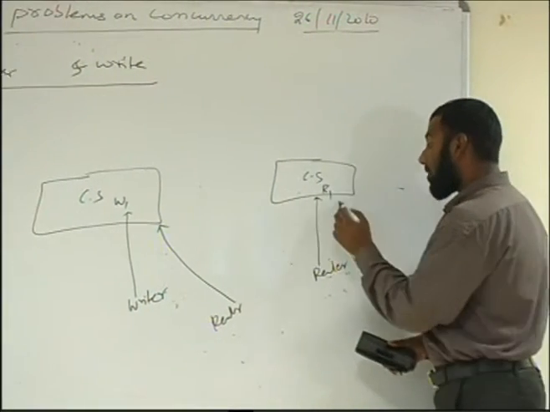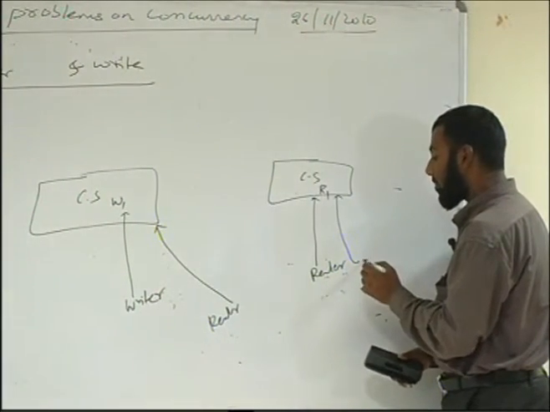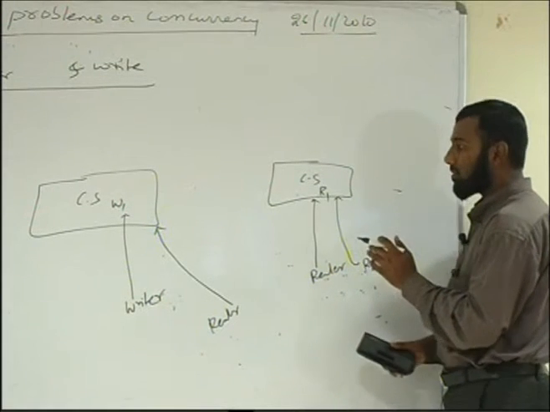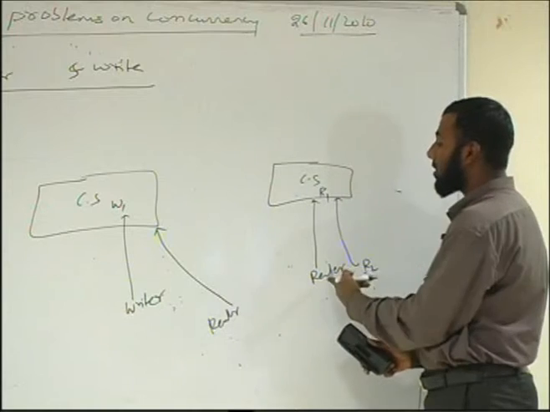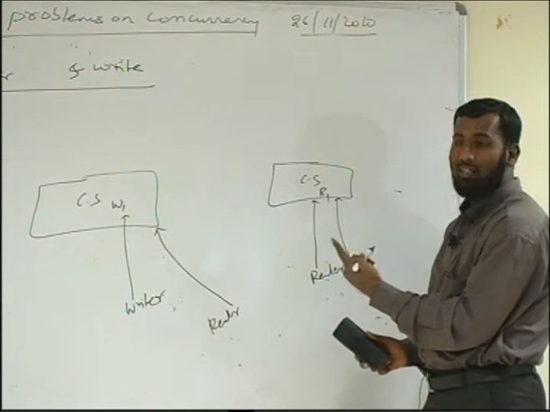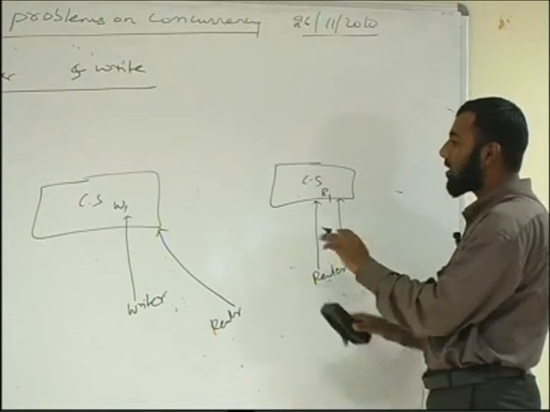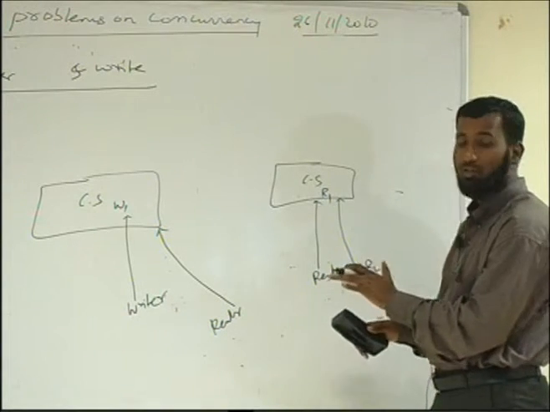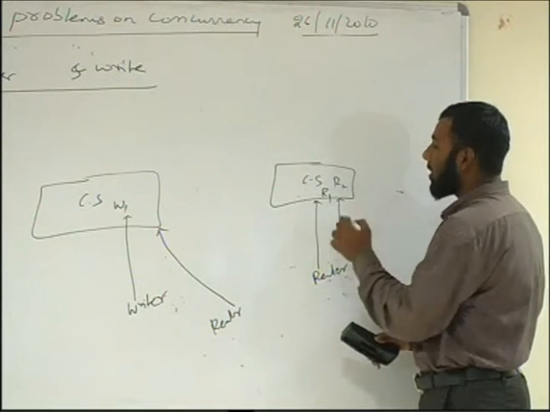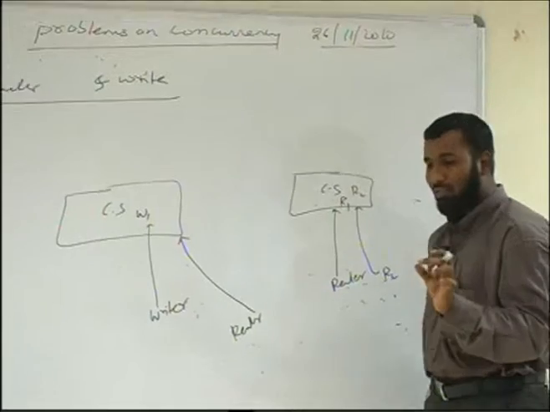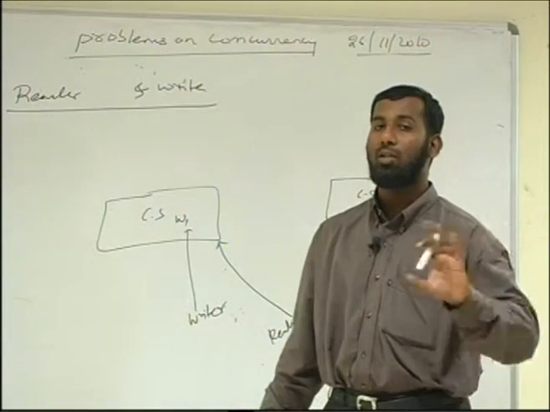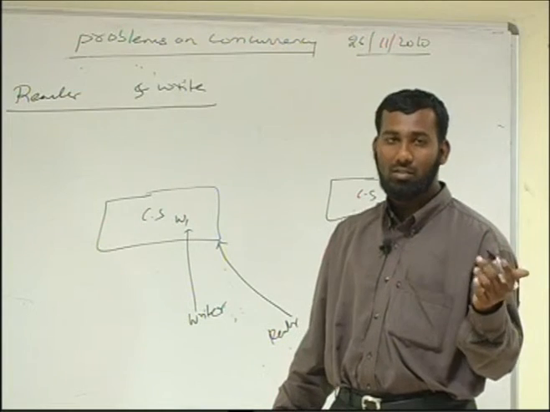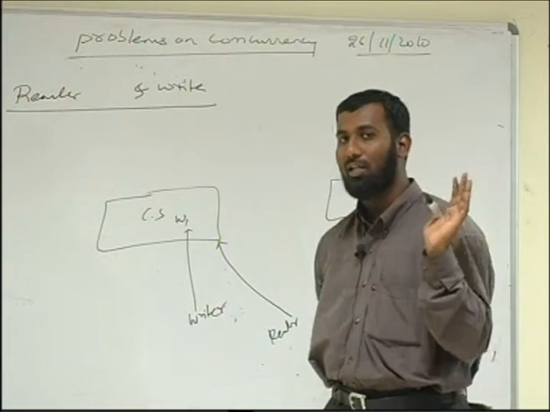So when another reader process, which is R2, desires to enter into the critical section, because these reader processes are only reading the state, they are allowed to enter into the critical section because they are not modifying the state of the resource. Okay. So it means once a reader process has entered into the critical section, there is no restriction on any reader processes to enter into the critical section.